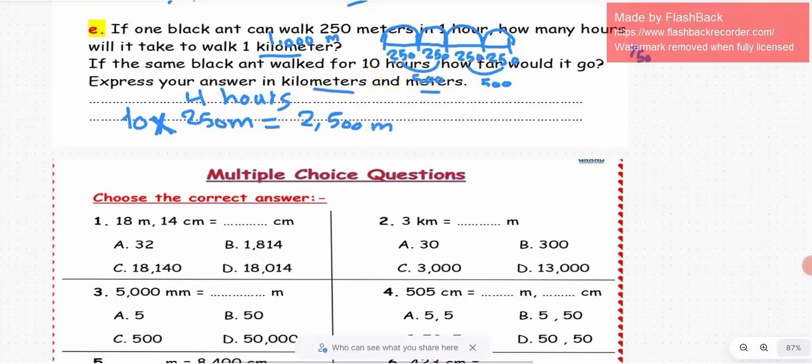Express your answer in kilometer and meter. So I'm gonna put equal how many kilometer and how many meters. Cut it. Kilometer will be in which place? In the thousand place. So take the thousand place will be kilometer, and take the 500 here.